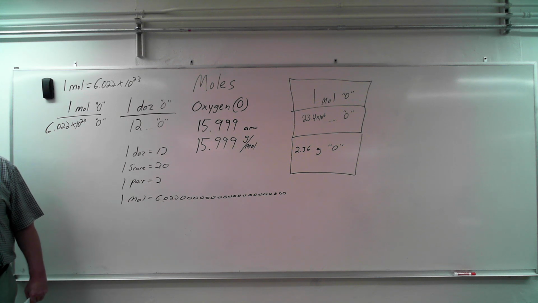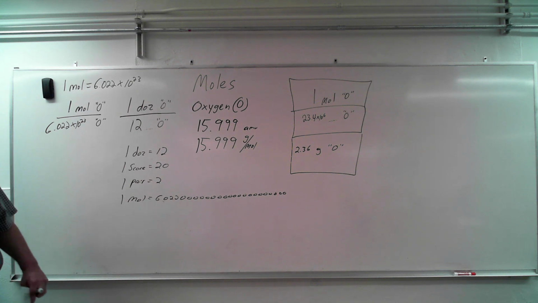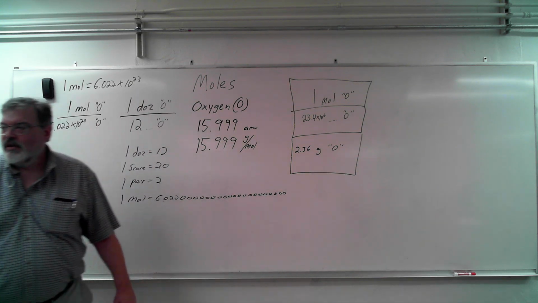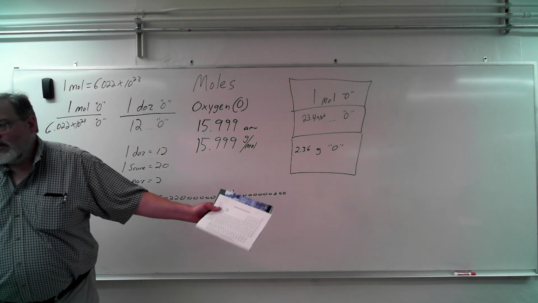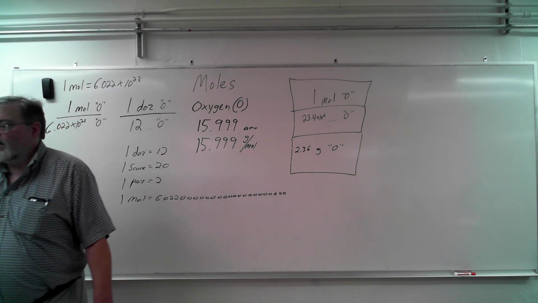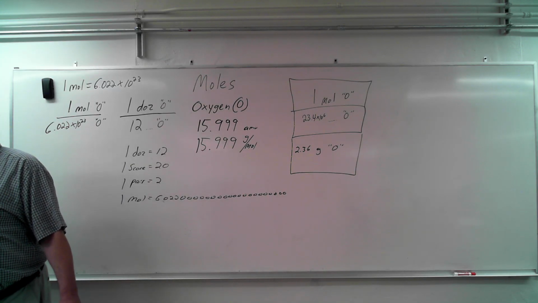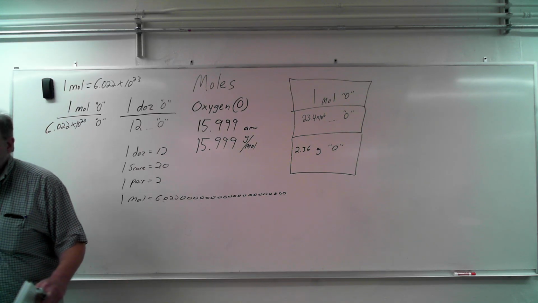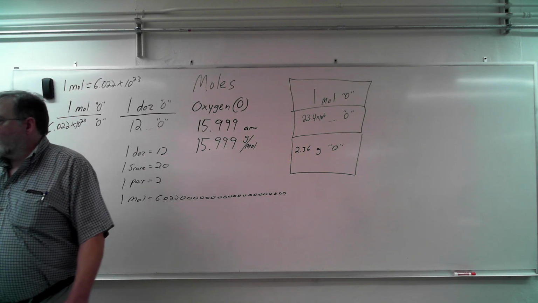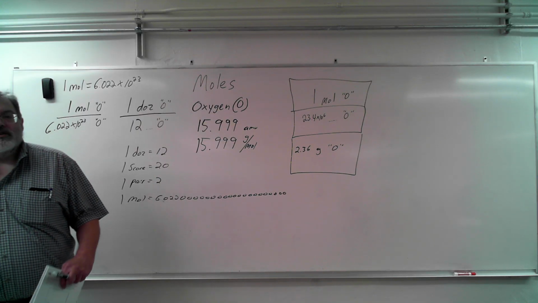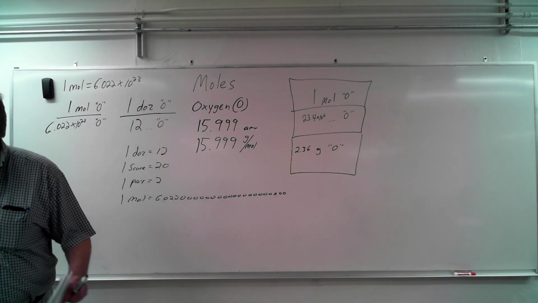So if I asked you to walk out in the parking lot and count the cars, and let's say there are 18 cars out there, you'd walk out there and count them and come back and say 18. That's because it said how many cars. If I had said how many dozen cars, you'd come back and say 1.5. 18 is 1.5 dozen. And notice when I said count how many cars, there's no unit.